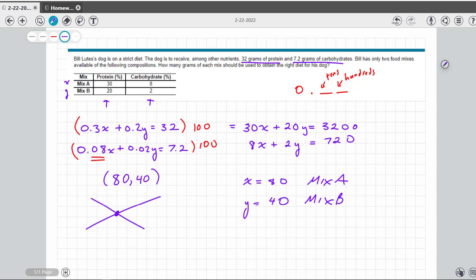And so it's kind of nice, if you don't want to have to go through all the steps, if you can graph this. If you couldn't have graphed it, meaning fractional answers, then you'd have to go through some of those other methods that I've shown in other videos.